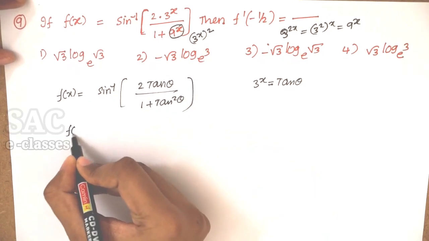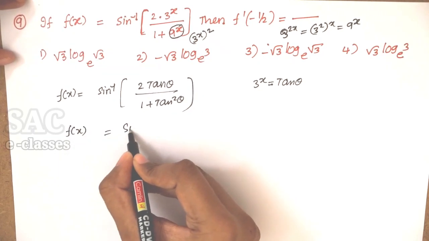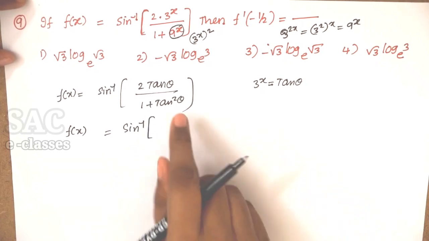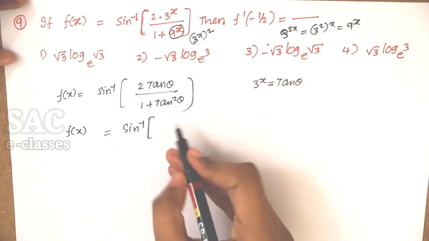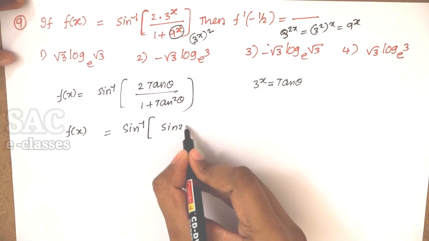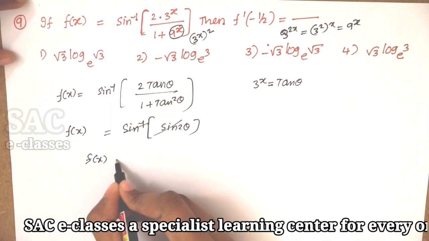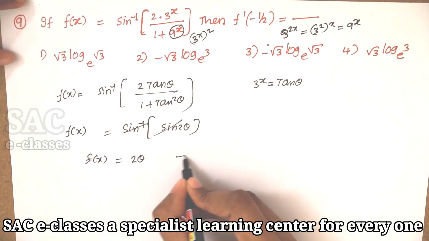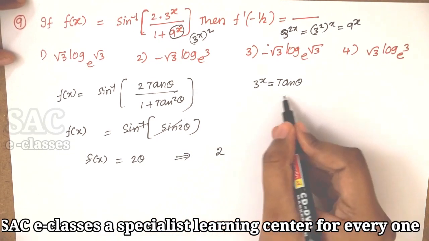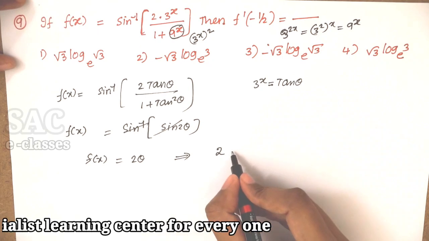Now you can write f of x is equal to sin inverse of 2 tan theta by 1 plus tan square theta, which is obviously sin 2 theta. Sin and sin inverse get cancelled. Then f of x is equal to 2 into theta. How can I write theta here?